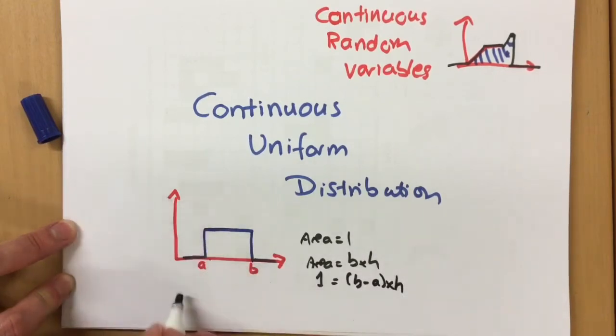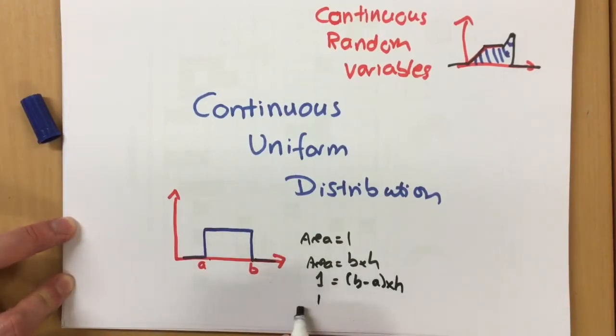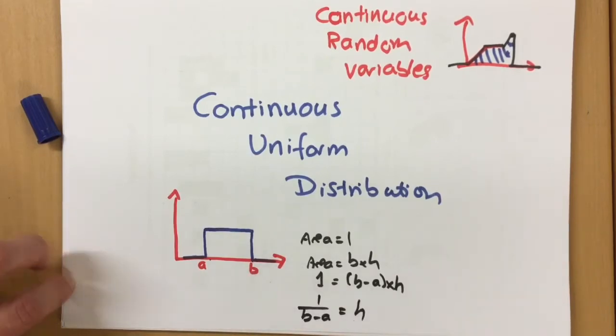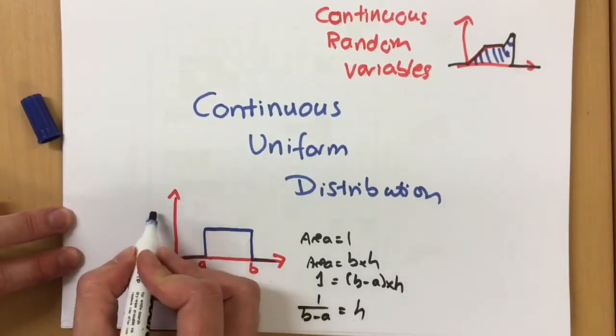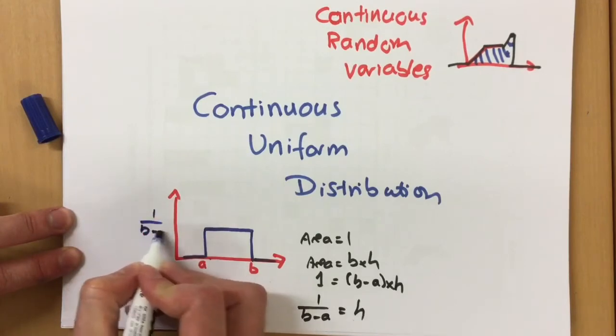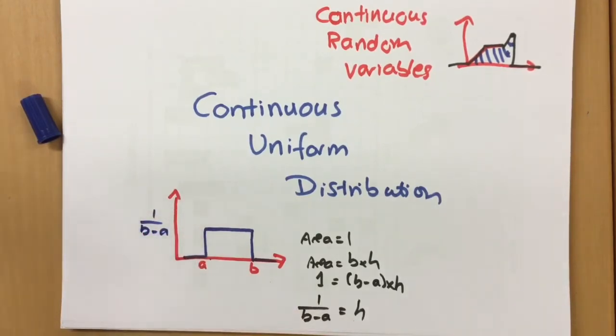If we divide by B minus A, that equals the height. So the height of our graph is 1 over B minus A, which makes things really, really simple.